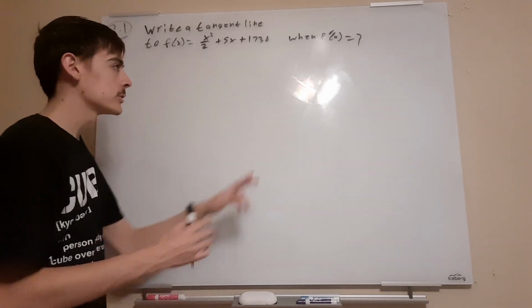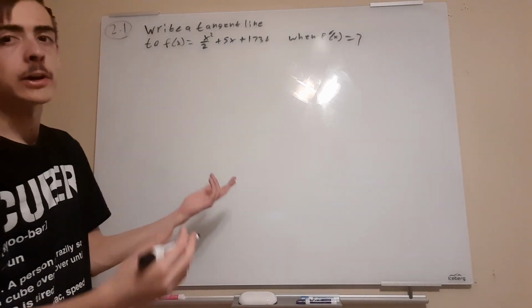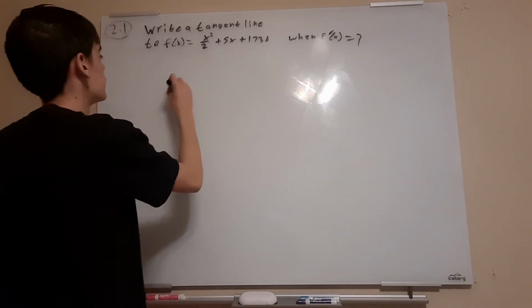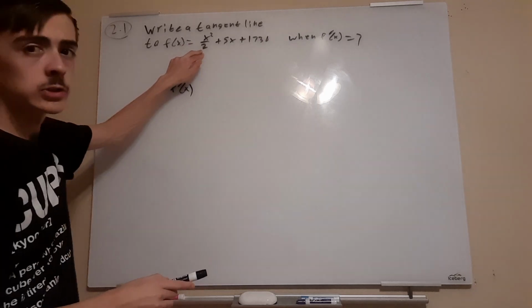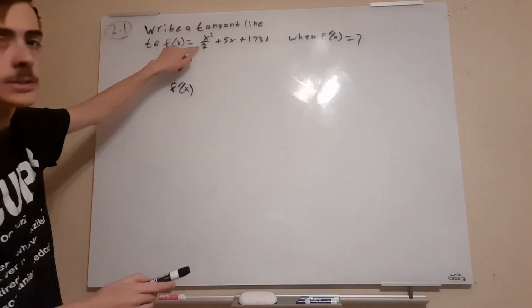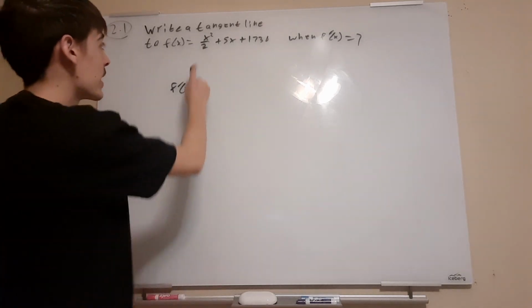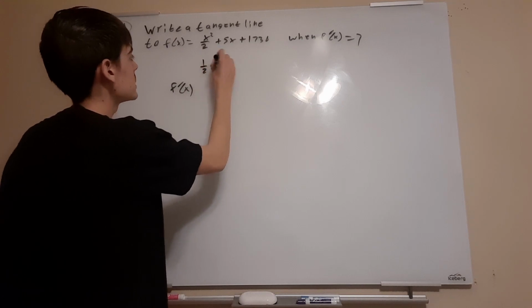In this case, I'm going to show you what we're supposed to do. We're supposed to first take the derivative of the function so we can get our derivative function itself. So f of x equals this mess. So f prime of x. Now this is x squared over 2. And you see that division symbol, you might think, oh, quotient rule. Don't do quotient rule with x squared over 2. x squared over 2 is the same as 1/2 times x squared.